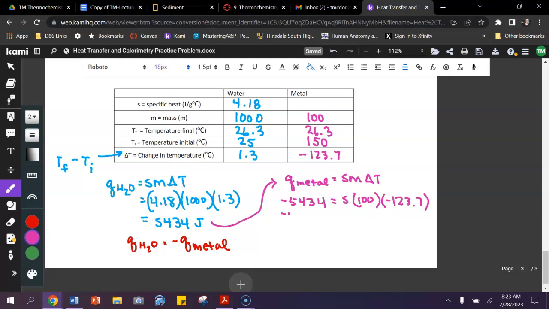So we have negative 5,434 is equal to S times 1,237, and that's a negative 1,237. Now to solve for S, divide both sides by negative 1,237.